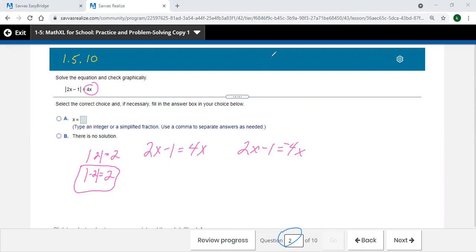So let's see what we get here. I'm going to bring my 2x over to this side. By that, I mean subtract 2x from both sides. So that gets rid of that one. We have -1, 4x minus 2x would be 2x. And so divide both sides by this 2, and you're going to get a -1/2.